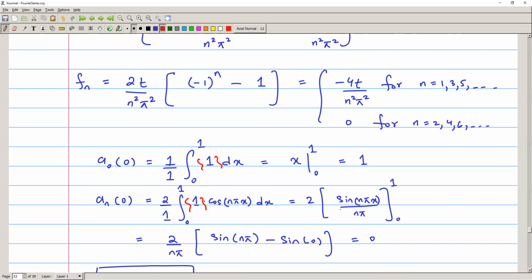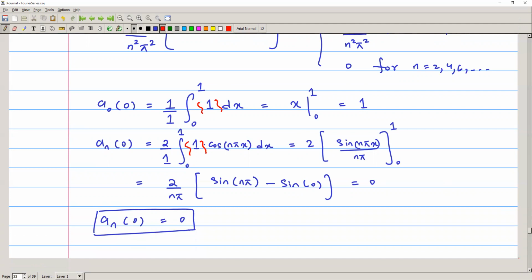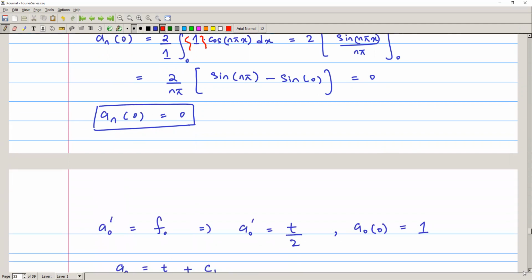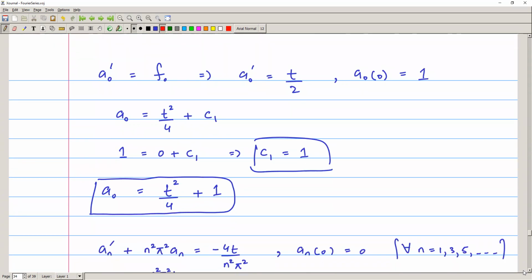So we'll get 2 times sine n pi x over n pi, then apply the limits. We'll get 0 because sine n pi is 0 and sine 0 is also 0. So the initial condition for the family an will be 0, right? Now we can construct the ordinary differential equations with the initial conditions and we'll solve.